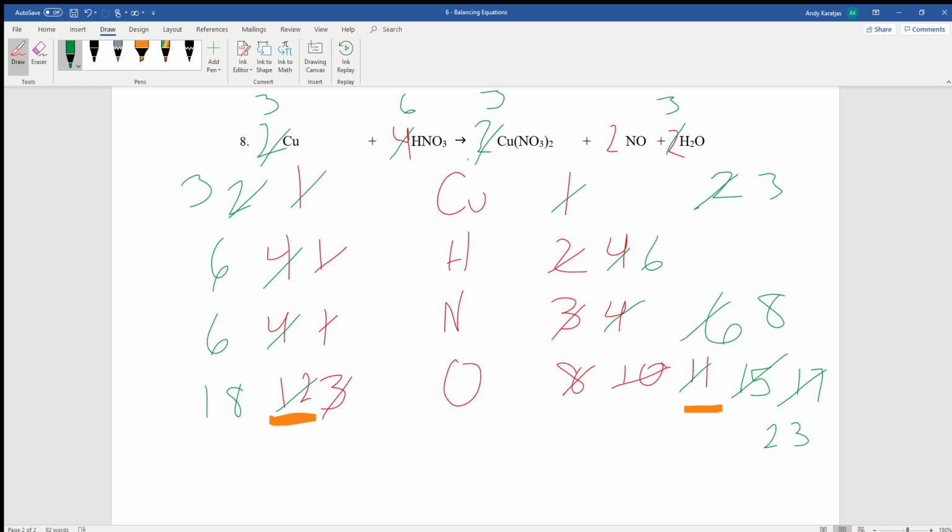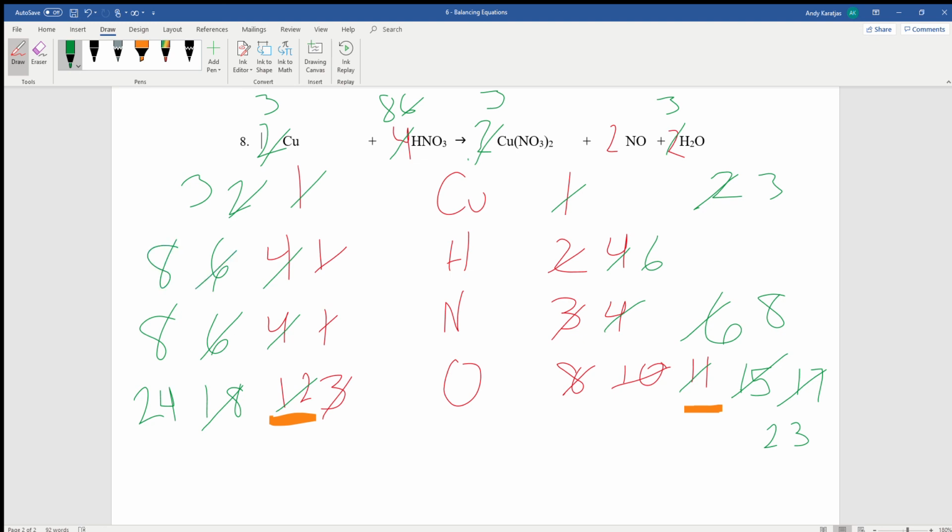So we can account for that again by increasing the amount of nitric acid, HNO3, make that 8. That also increases this to 24 and increases our hydrogens to 8.